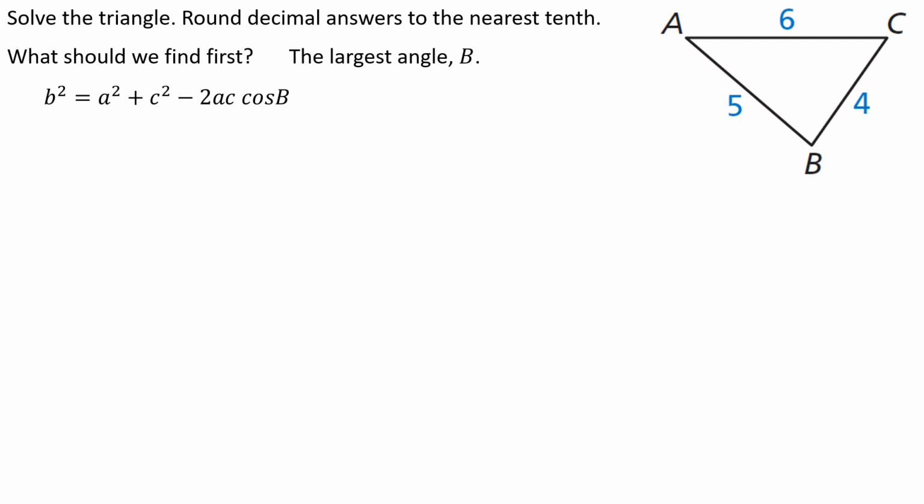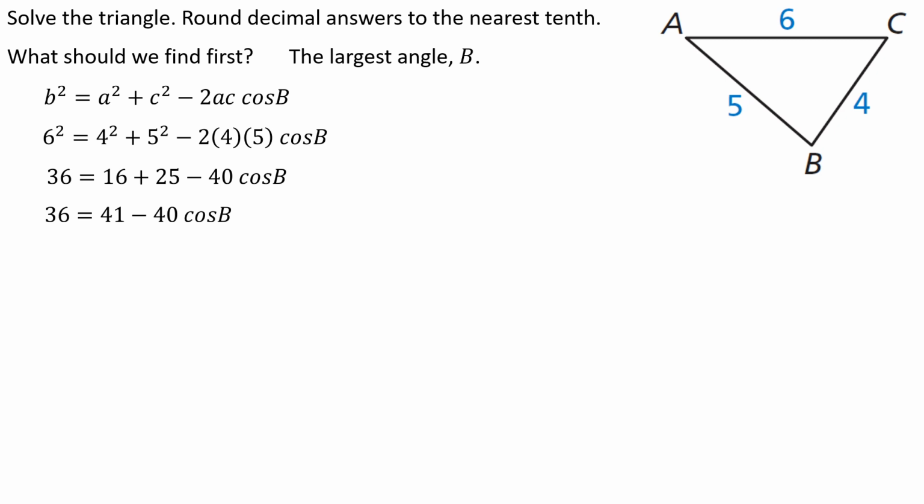We can plug those in, calculate angle B. 6 squared equals 4 squared plus 5 squared minus 2 times 4 times 5 times cosine of B. All right? 6 times 6 is 36. 4 times 4 is 16. 5 times 5 is 25. 2 times 4 is 8. And then 8 times 5 makes 40. 16 plus 25 is 41.